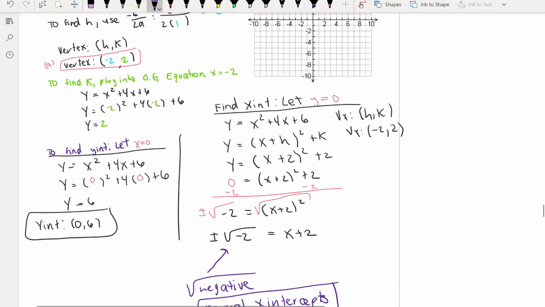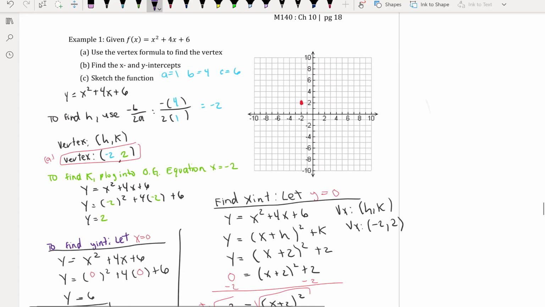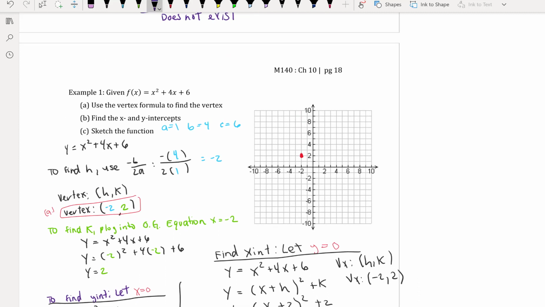So let's see if we can graph this. We have the vertex, and we have the y-intercept at (0, 6). More or less, this is what my graph is going to look like. What you can use to help you is the axis of symmetry. Notice how from the vertex to 6, it's 1, 2 over. Going 2 over, I know my other dot is going to be up in here.